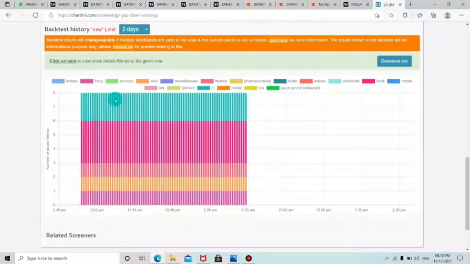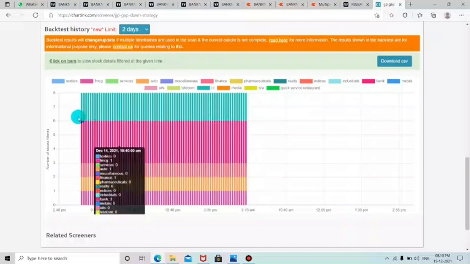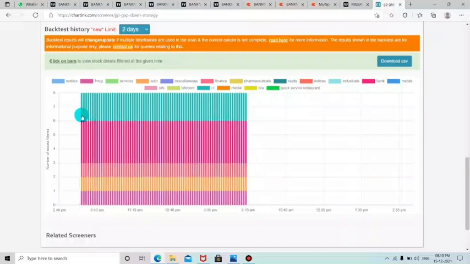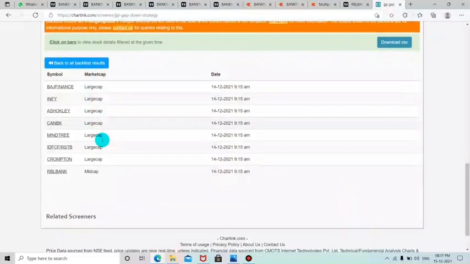Only this type of charting alerts came. For the 9:15 candle itself, whatever stocks have been given throughout the day, the same stocks have been given, because our condition is related to the day chart also. So these are the stocks you will be getting in the morning. Let us see the 14th December, what stocks appeared.